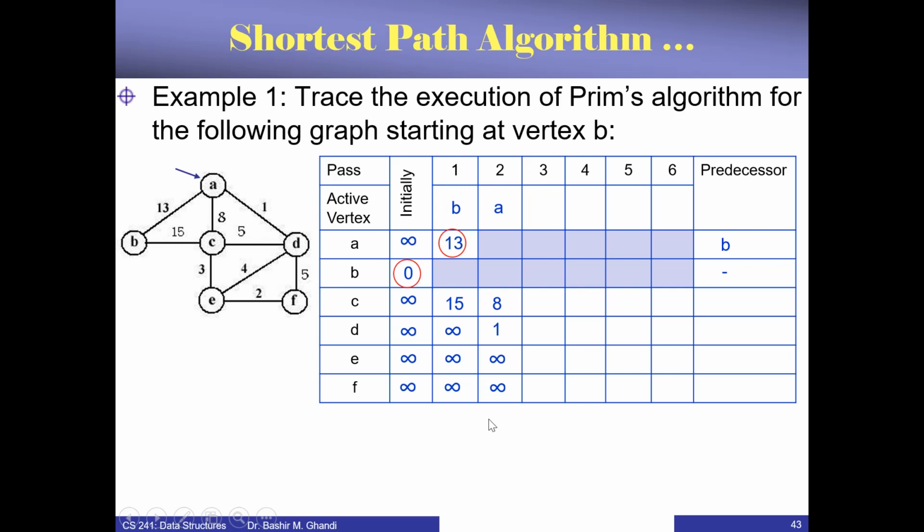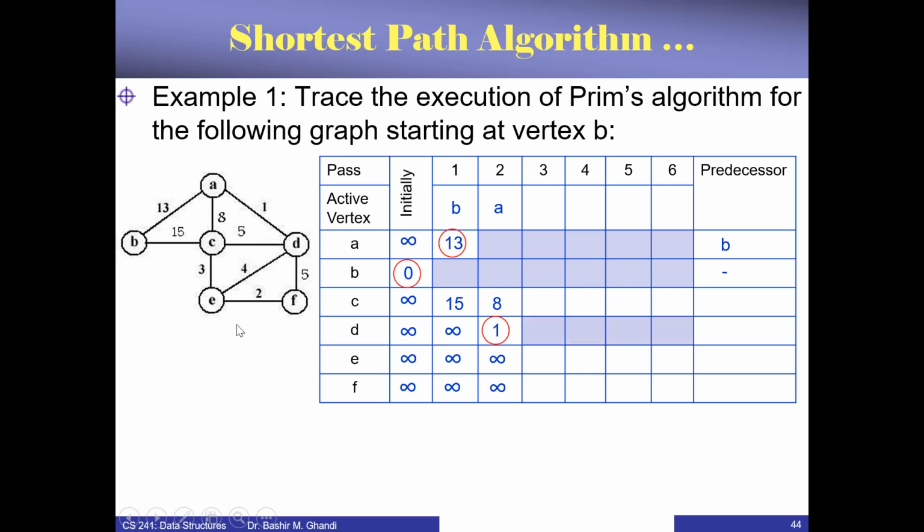Identify the smallest among these values. Obviously 1 is the smallest, the cost of reaching D. So vertex D is going to be finalized. You will never be able to reach D with a cost less than 1.